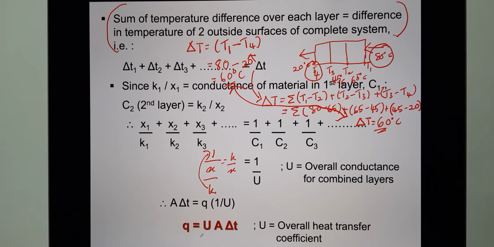In order for you to use it for the calculation, you just need to use this equation. The explanation I gave is just to let you know how it is derived. But you need to make sure that you understand this delta T.